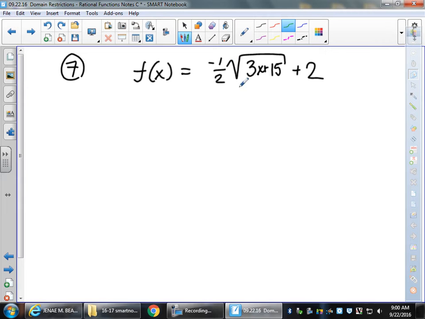Remember, you have been drawing this symbol for the longest time, and you say square root. What number is associated with that word square? 2. This whole time, there's always been an invisible little 2 right there. It's just never written. So now that we have actually written in the little 2 that has always been there, just never written, what kind of root is that? Even root.